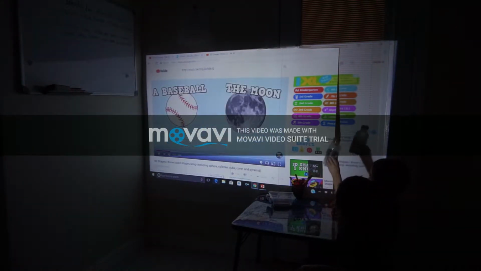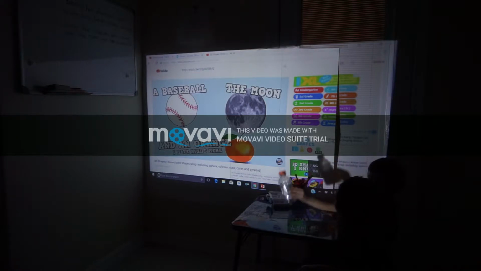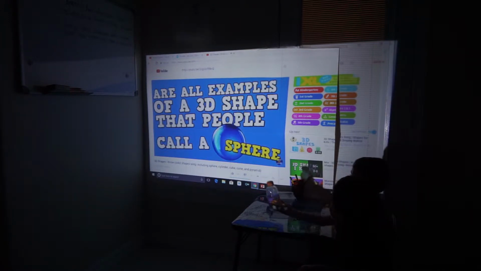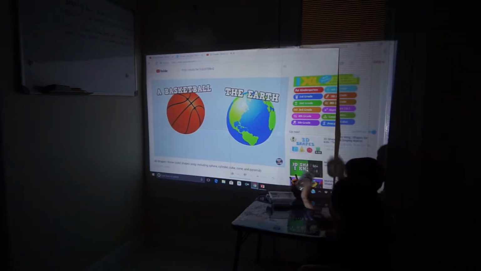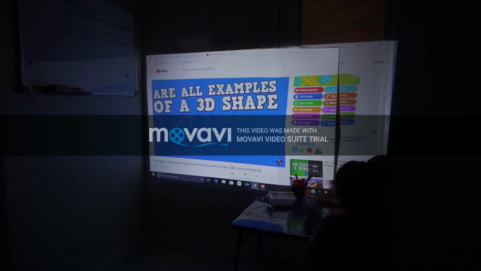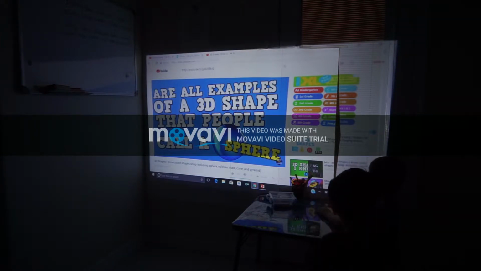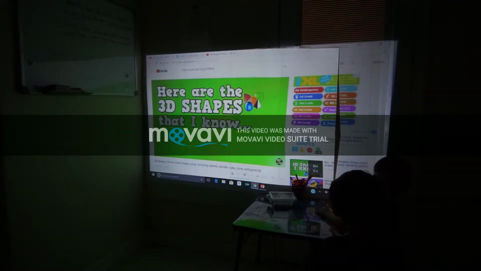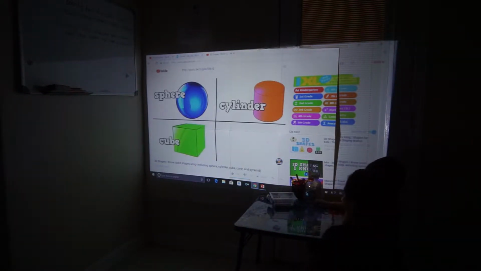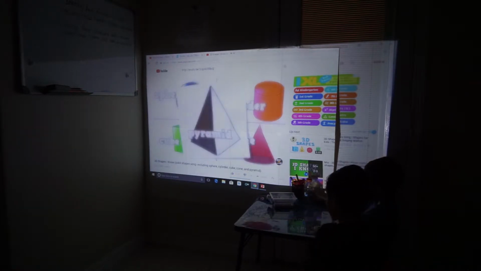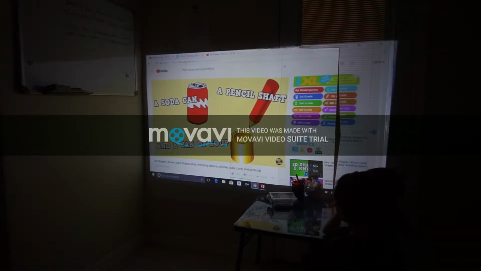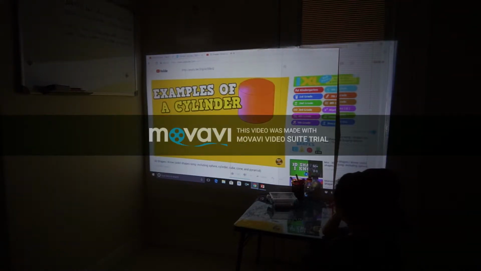A baseball, the moon, and a globe are all examples of a 3D shape that people call a sphere. A soda can, a pencil, and a can of soup would be examples of a cylinder.